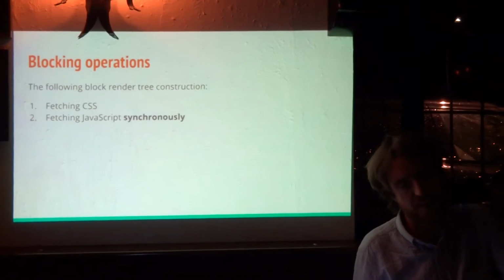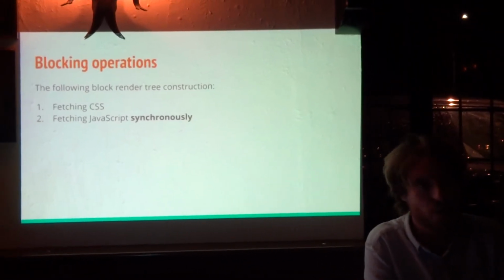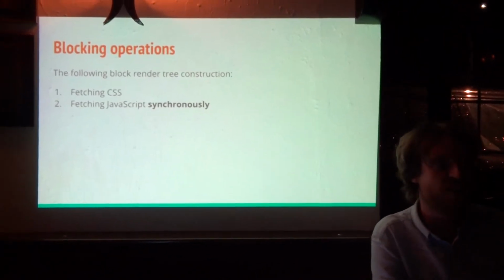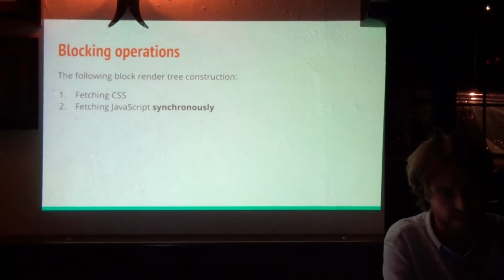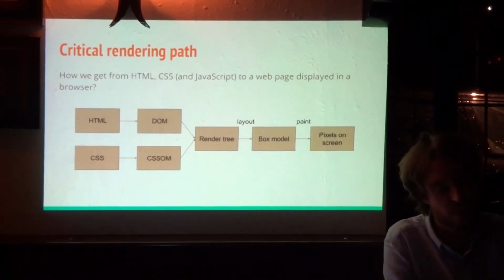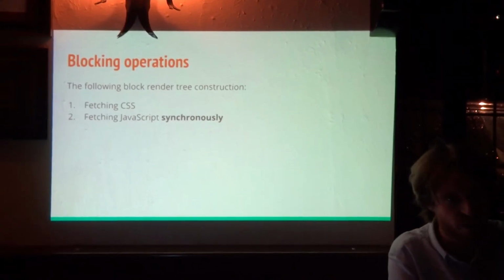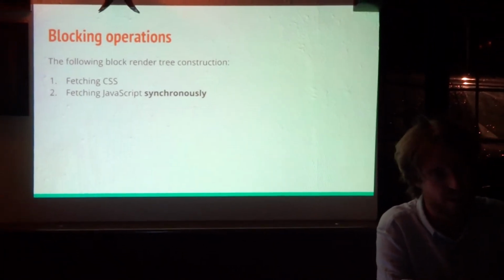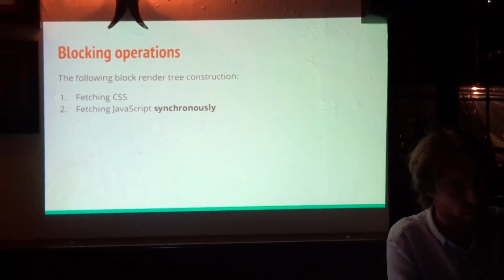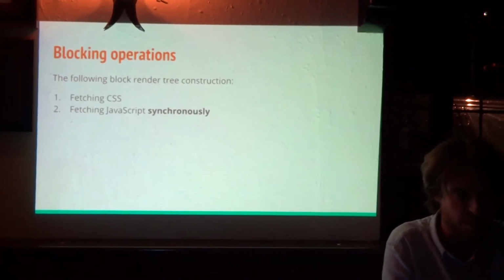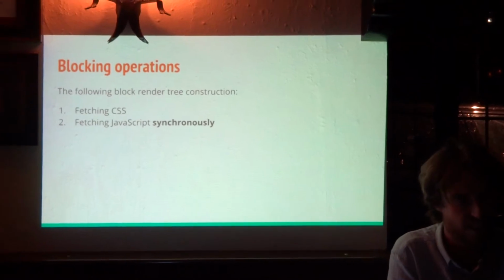Also, fetching JavaScript. It's not going to build your render tree until all the JavaScript has been downloaded, because there's a chance that the JavaScript will affect how your render tree is built. And this sort of thing slows down your website significantly. There are ways around the JavaScript blocking your website, but we won't go into those today. We'll just focus on the CSS for now.